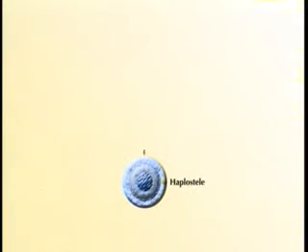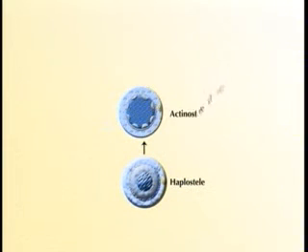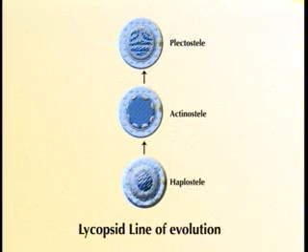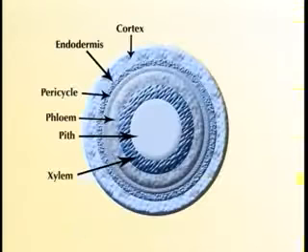Haplostele to actinostele and then to plectostele is considered to be one line of evolution of the protostele. It is regarded as the Lycopsid line of evolution. Another very important evolutionary change that occurred in protostele was the presence of the central pith.